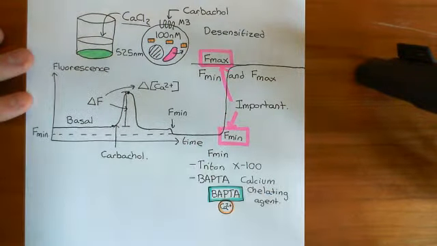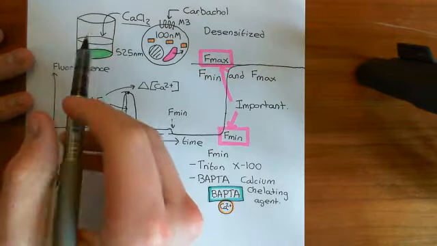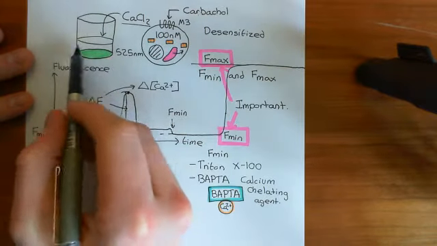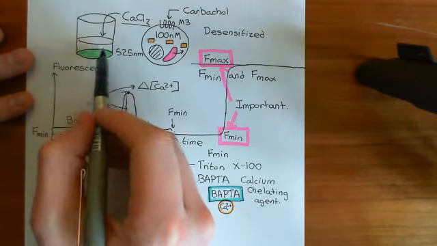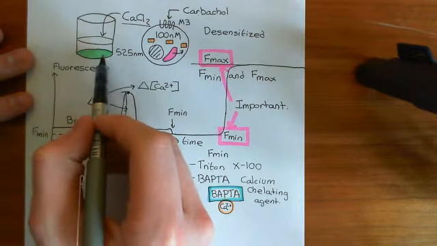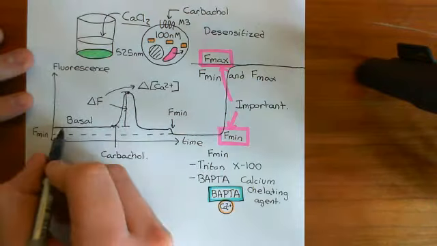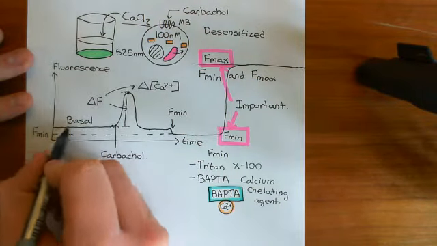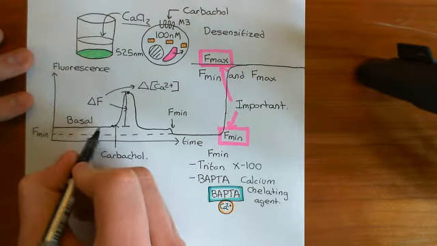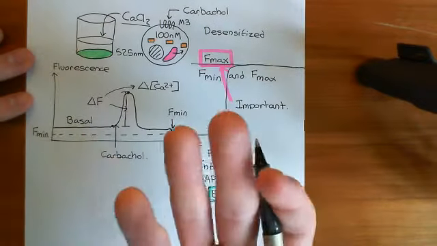Basically, what we want to be able to do is take a fluorescent signal that we were getting from this monolayer of cells and convert that into an intracellular calcium concentration. For ages we were getting this basal fluorescence level here. We would like to be able to convert that into calcium concentration.